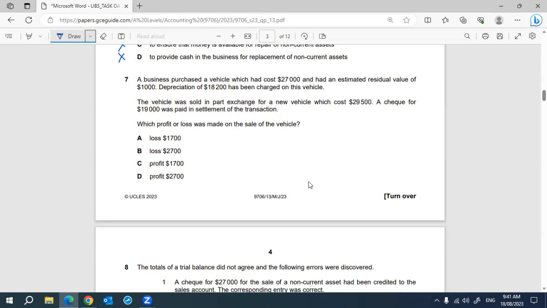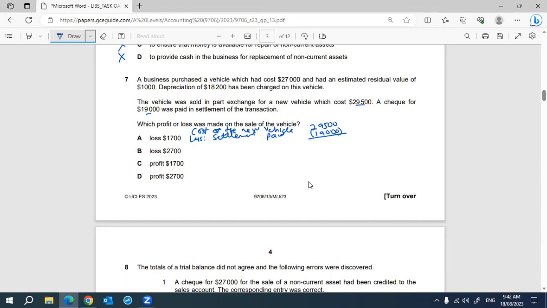Okay, so we first need to know the breakdown of how we paid to purchase the new vehicle. So the cost of the new vehicle was 29,500. So we paid an amount of 19,000 to settle it.